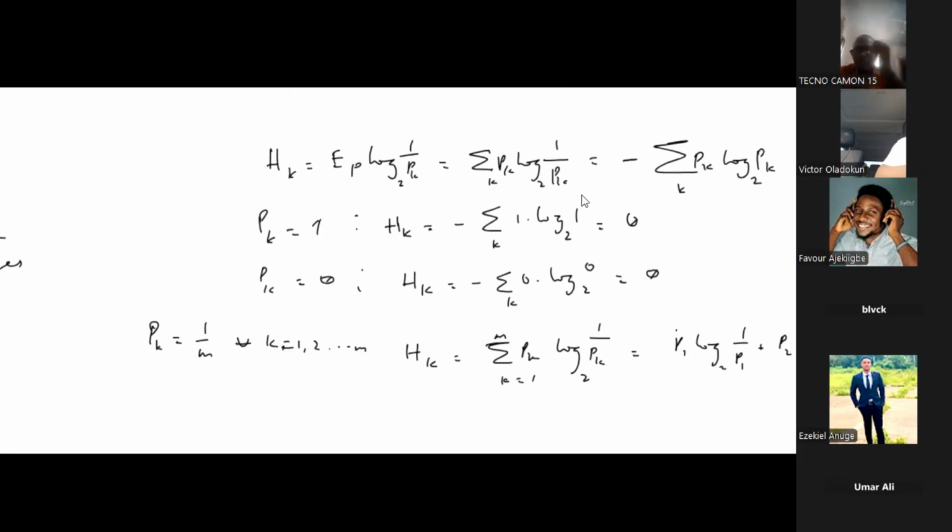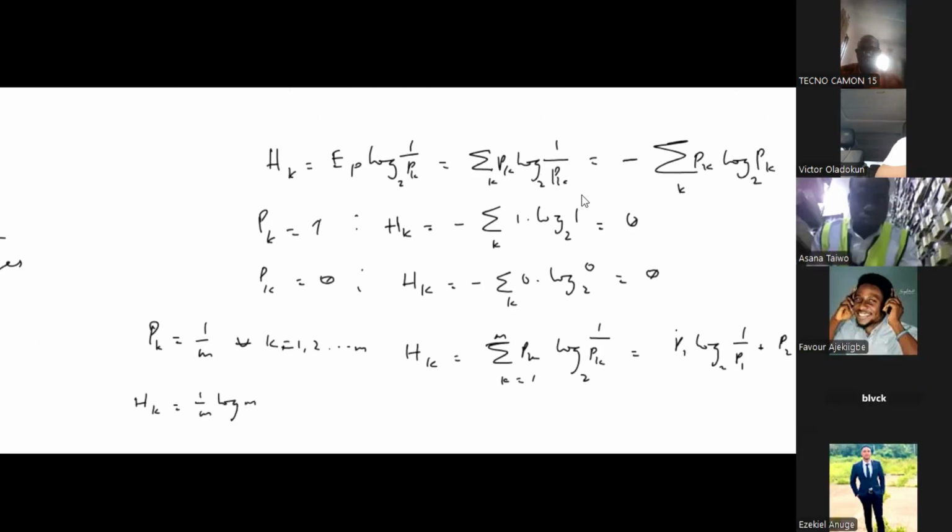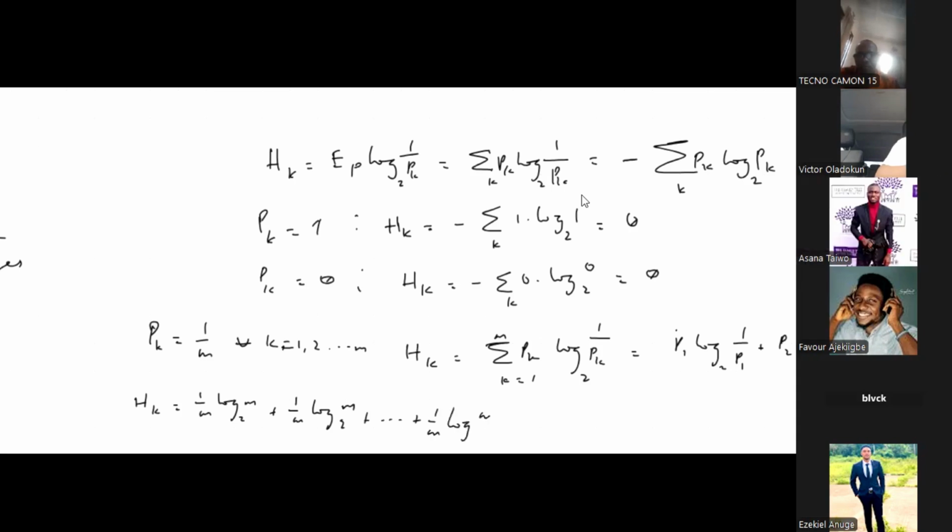Now, intuitively, we know that p is the same as 1 over m. So the entropy will be 1 over m log m base 2 plus 1 over m log m base 2, all the way to 1 over m log m base 2.